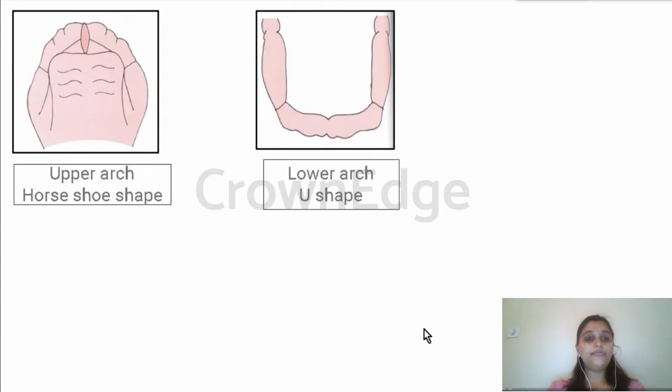You have the upper arch, which is actually horseshoe shape, and the lower arch, which is U shape. So this could also be a question. If you notice in the picture, the upper gum pad is much wider and longer.